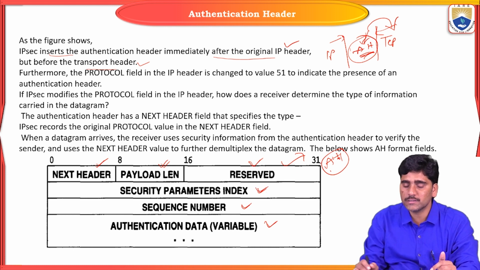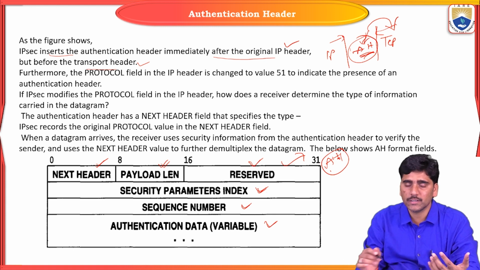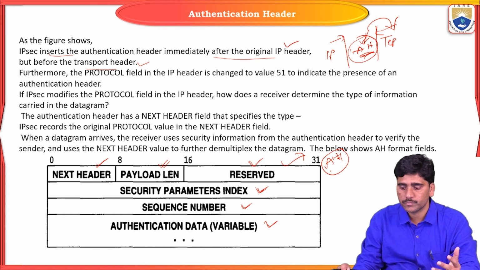The security parameters index says what parameters you are going to use for providing security for the next layer. Then the sequence number of the data, and the authentication data, which is the data you are going to authenticate.